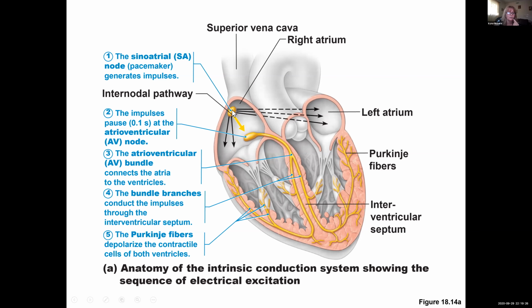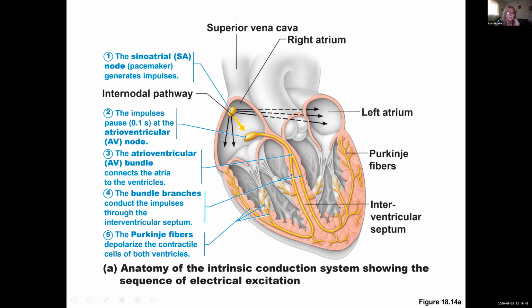The first part over here is called the SA node, or sinoatrial node, and this is the natural pacemaker that generates action potential. Now this action potential, that is an electrical impulse, starts moving from the SA node to the AV node.